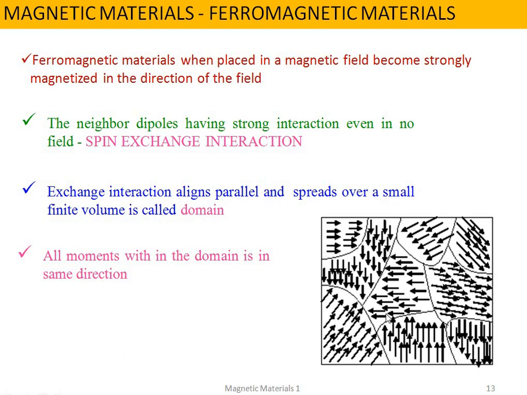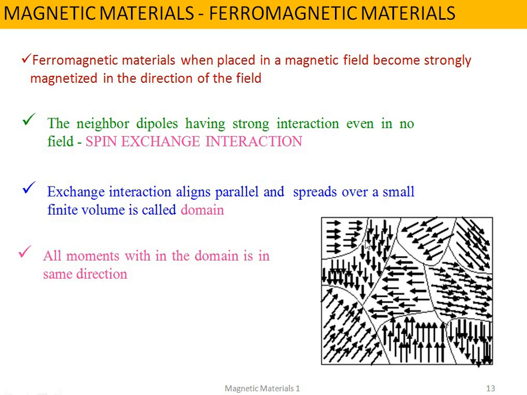This is a figure of a magnetic domain where the ferromagnetic material is divided into different regions. Even though the directions of different regions are different, you can see that in a particular region, all the spins are aligned along a particular direction. So this is a magnetic domain.